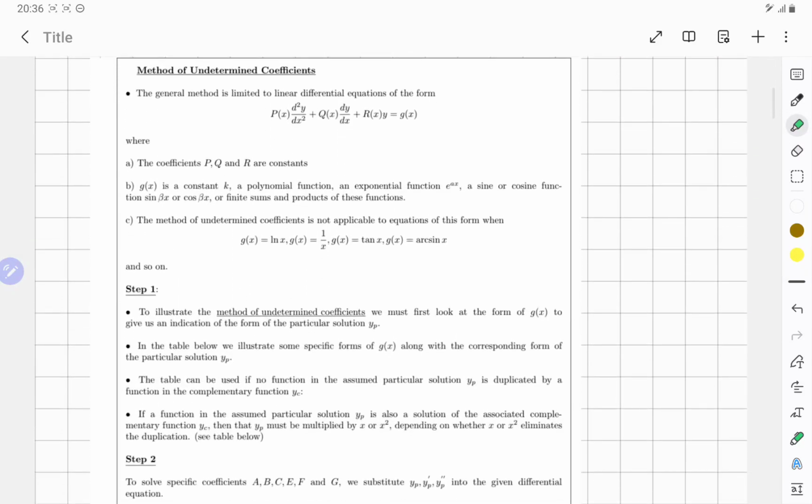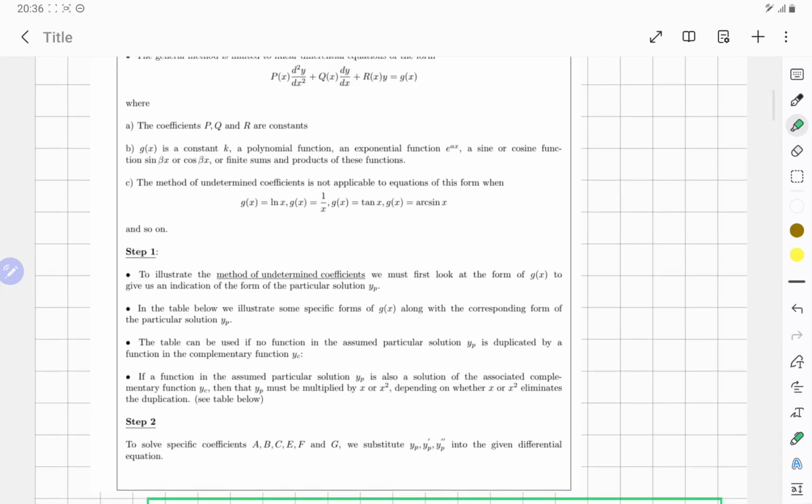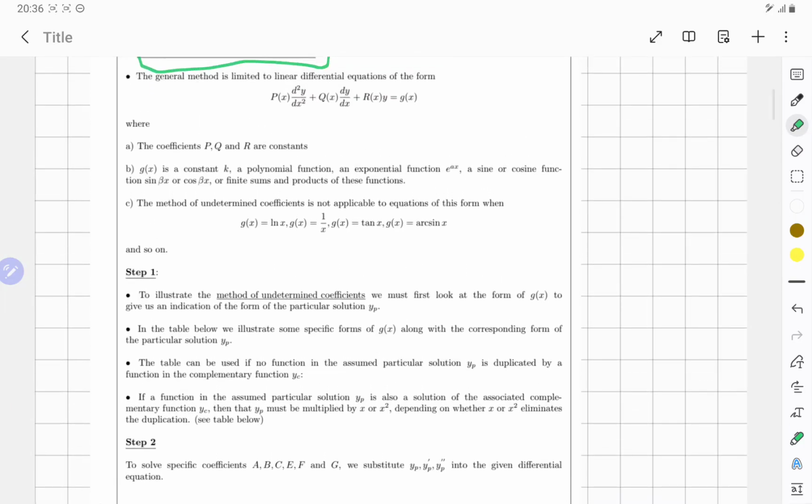So, we're going to use the method of undetermined coefficients to find the particular solution. What is very important is that we can only use the method of undetermined coefficients if our g(x) is a constant, a polynomial function, an exponential function, a sine or cosine function, or a finite sum and product of these functions.